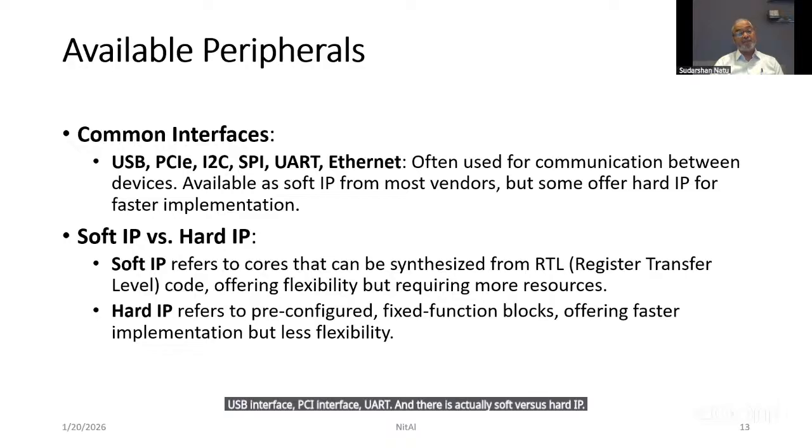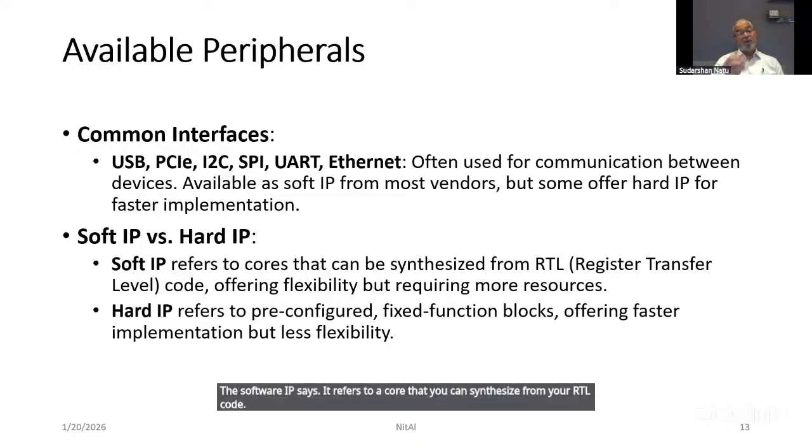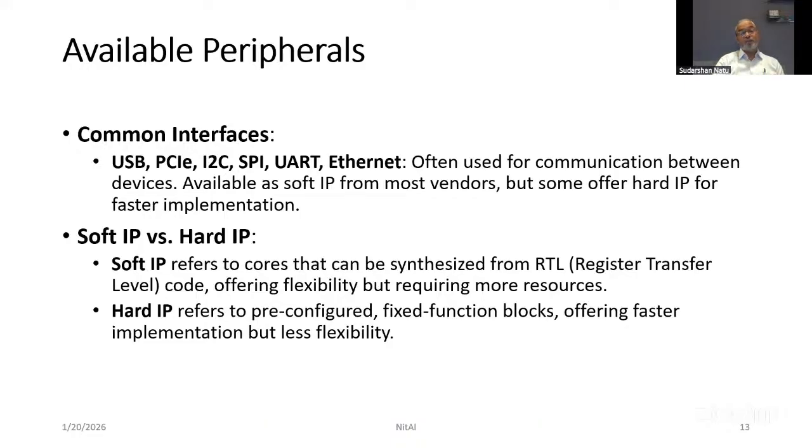Soft IP refers to a core that you can synthesize from your RTL code and offers the flexibility of putting it into the required logic block under the FPGA. While a hard IP is a pre-configured design building block, like an SoC or a semiconductor device, directly embedded into the chip where you can utilize it.